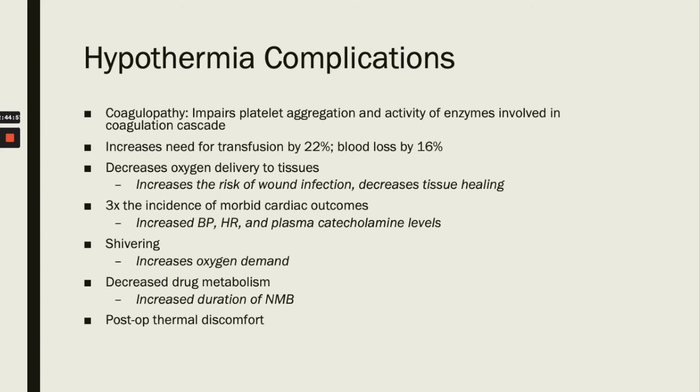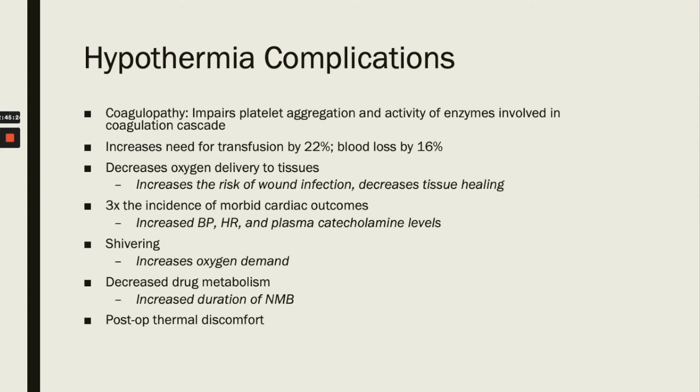It increases the incidence by 3 times of morbid cardiac outcomes, so that we have increased blood pressure, heart rate, and plasma catecholamine levels, unfortunately. And shivering increases oxygen demand. With shivering, you can give some meperidine or Demerol, clonidine, or dexmedetomidine, even ketamine.